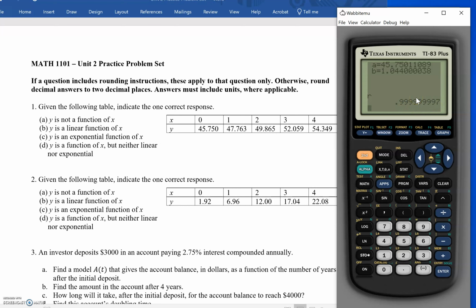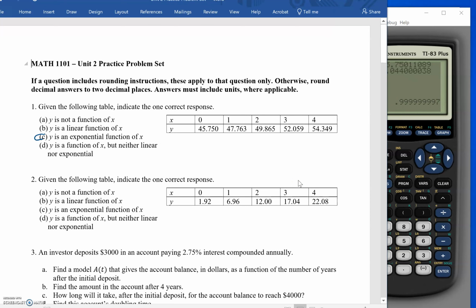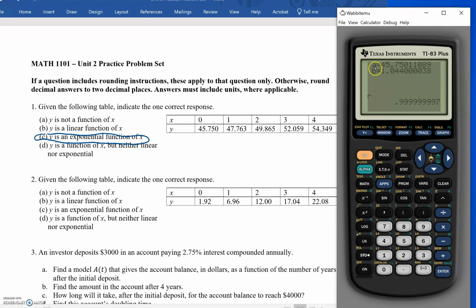So this is an exponential function. This is close enough to perfectly correlated. Okay. All right. So C is our answer, and we actually found the function right here. Those are the a and b values for a times b to the x.